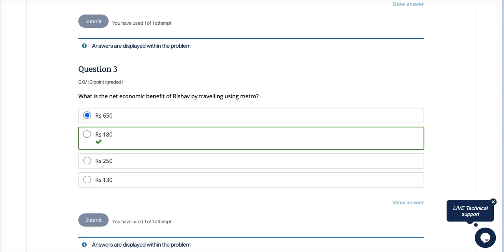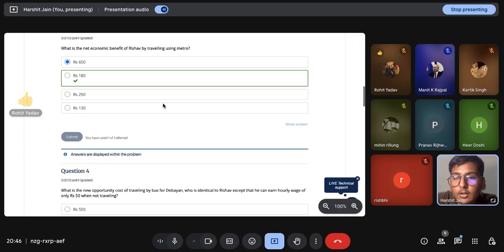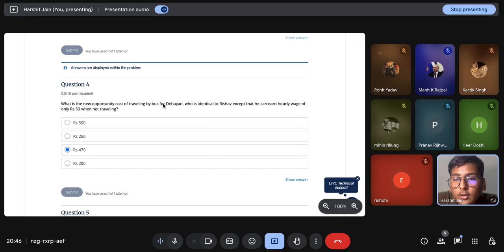It was 180. Now let's move to the next question. What is the new opportunity cost of traveling by bus for Devan, who is identical to Rishabh, except that he can earn an hourly wage of only 50 rupees when not traveling?